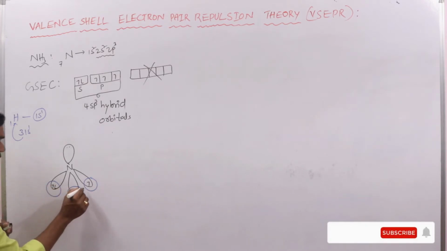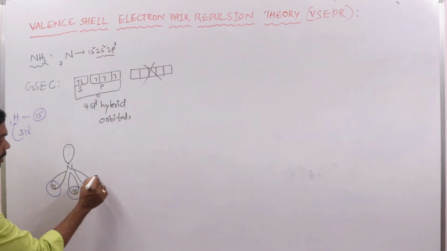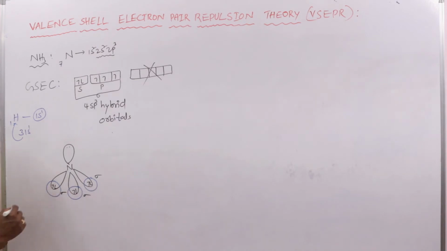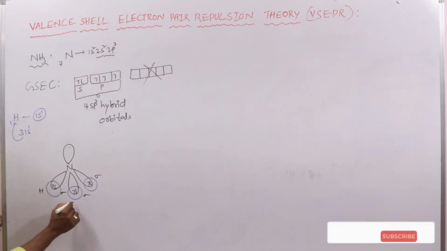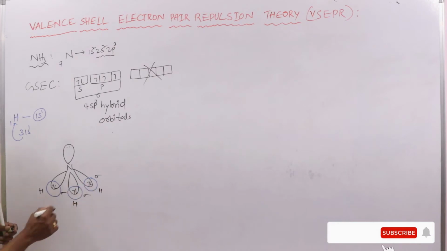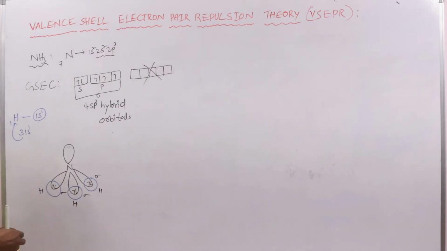Formation of a sigma bond takes place here. This is the structure of ammonia.